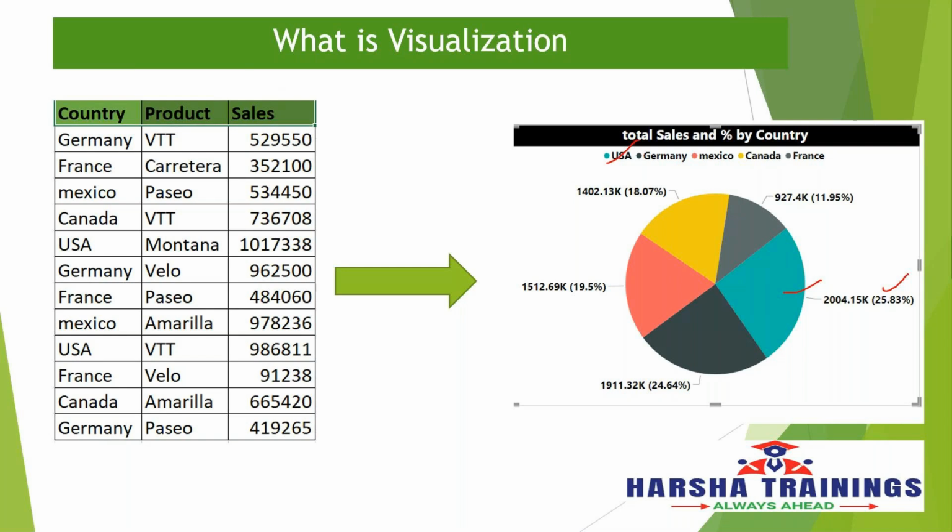That's clear. Now coming to the next one, what is this? Germany, right? This is my Germany sales. I'm getting 24.6 percent of the sales out of 100. The third highest sales performing, which country is it?